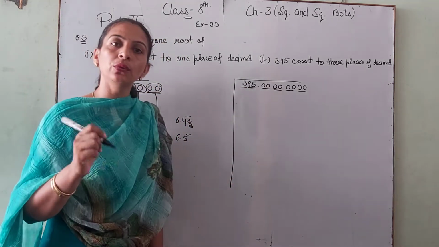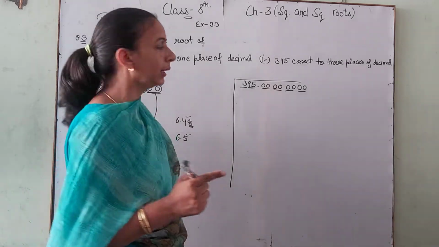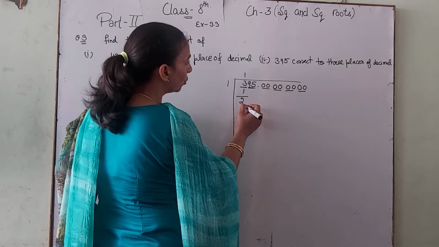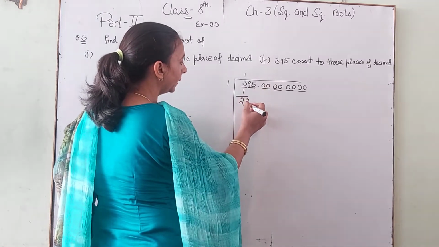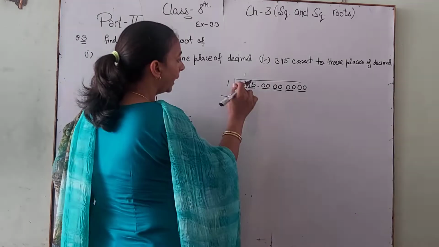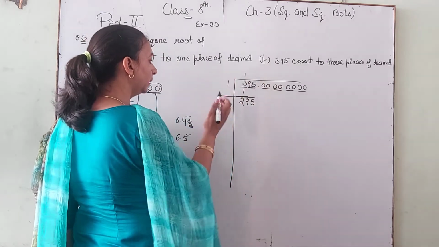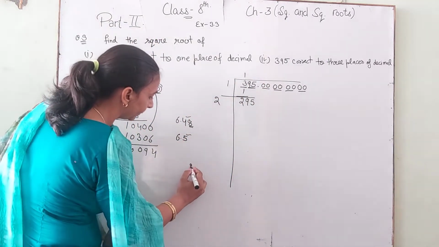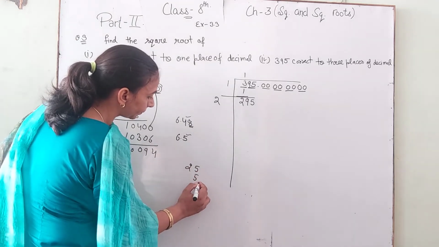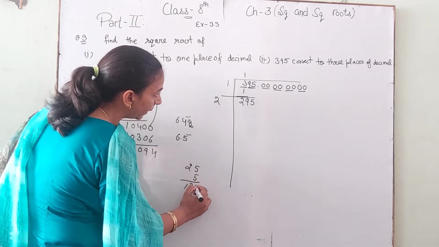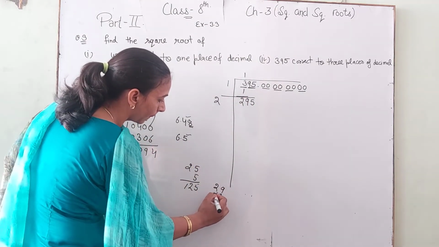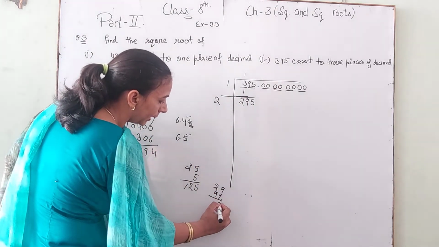1 1 is 1, 2 2 is 4, 4 is greater than 3. So first we take 1 1 is 1, then 2. Next we take pair 95. And there is double of this 1, double of this, then okay. Now we check in the middle of 125, that is less. So we take 2 9, 9 9 is 81.